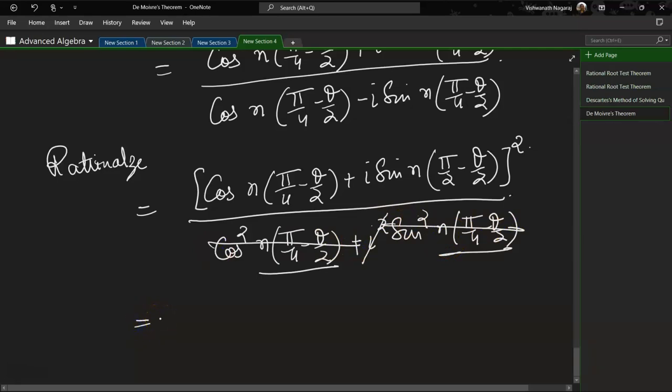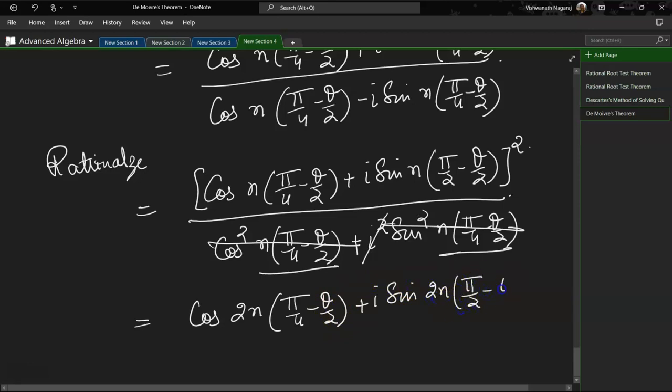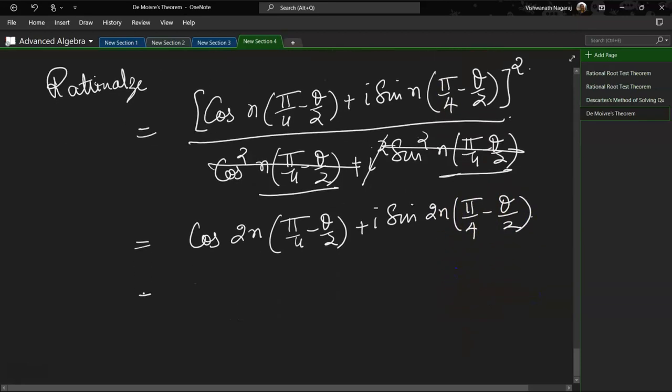Now I'm left with, in that numerator, a power of 2. Again I apply the theorem. So it becomes cos 2n (pi by 4 minus theta by 2) plus I sin 2n (pi by 4 minus theta by 2). Okay. And now take the 2n in.